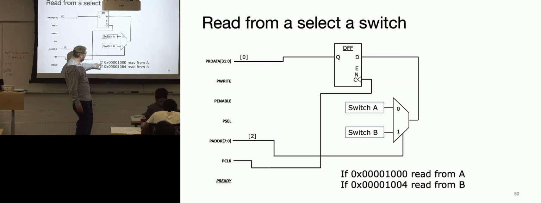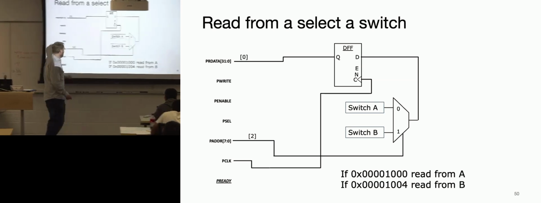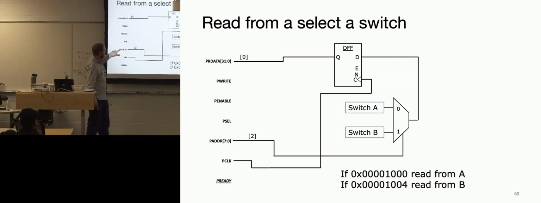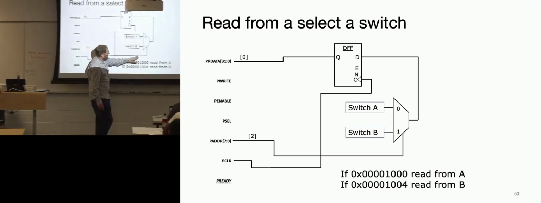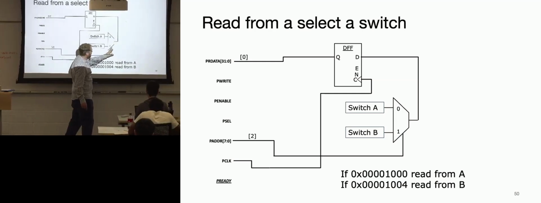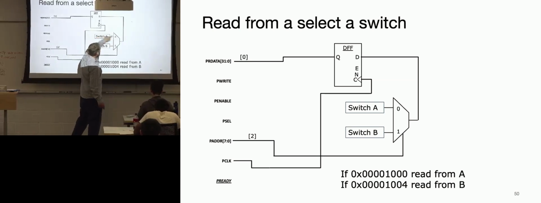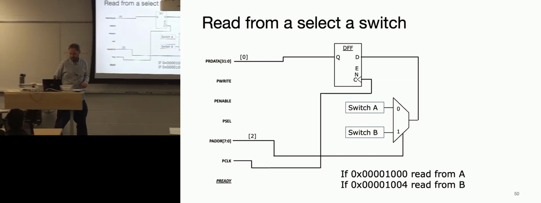If I read from this address, A, then I want to get switch A, and if I read from this address, I want to get switch B. Now I remember why I put a 2 here. By putting the correct address on here, the second bit will select and switch the mux to one of these 2 D flip-flops, and then you can read it out.